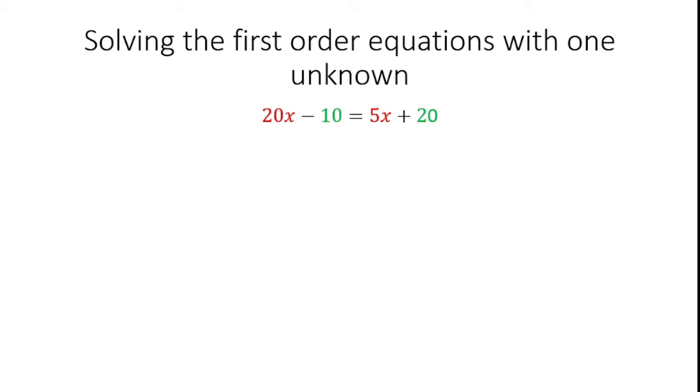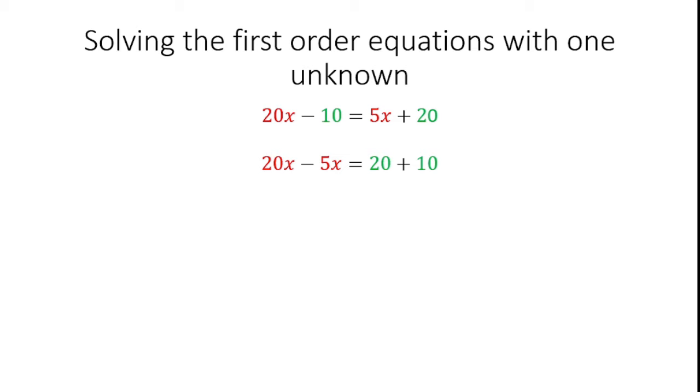Here I collect 20x and 5x and put them on the left hand side like this. Here you see 20x minus 5x, and I also get the individual numerical values, which are 20 and 10, on the right hand side. Likewise, I frame 20x minus 5x is equal to 20 plus 10.